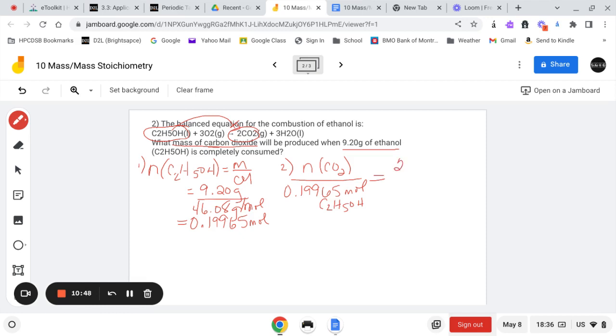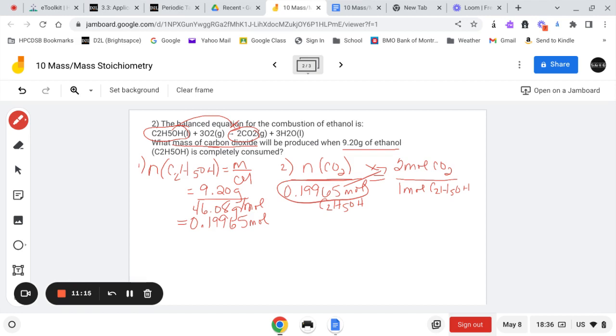So for carbon dioxide, 2 moles of CO2 would be created if 1 mole of ethanol was reacted. But I don't have 1 mole of ethanol. I have 0.19965. But still, the proportion is a 1 to 2. So I'm going to take this value, cross multiply it by 2, and divide it by 1.